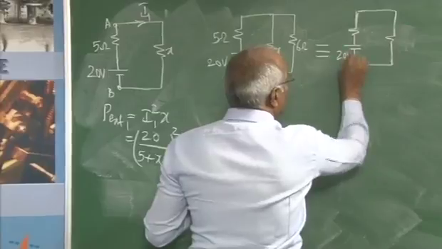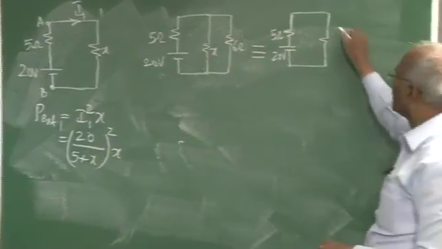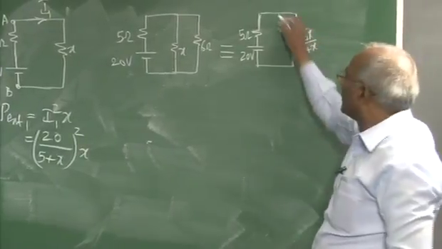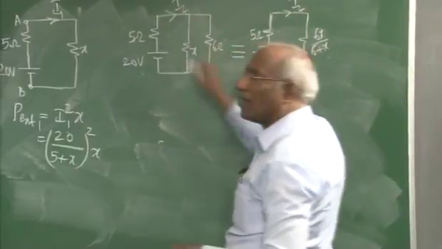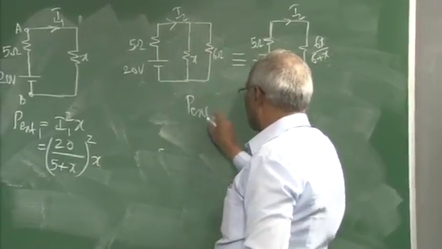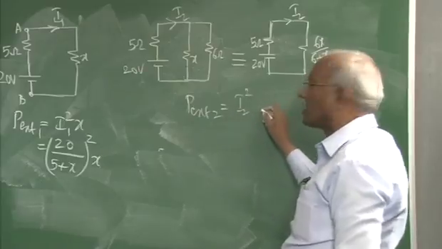This is 20 volts, 5 ohm. As said, these two are in parallel, therefore it can be written as 6x over 6 plus x. If this is called I2, which is the same as this I2, then P external 2 will be equal to I2 squared into the external resistance.